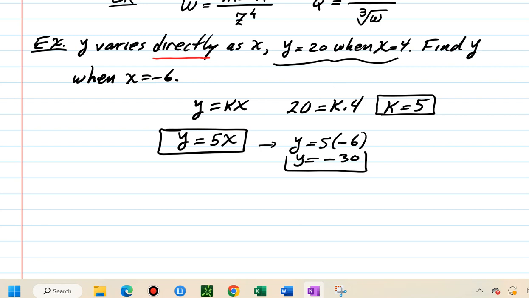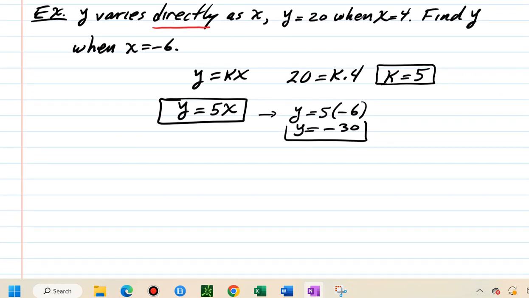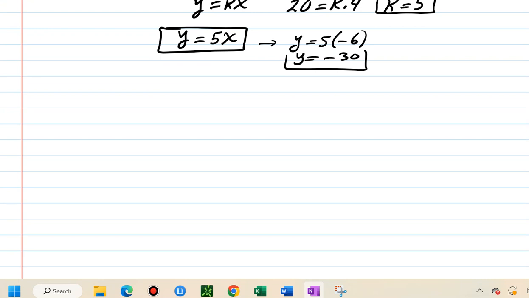It's typically what happens with these variation exercises or problems. You're given the type of variation or association, and then you're given one piece of information that allows you to find the constant of proportionality, and then you have the final updated formula.